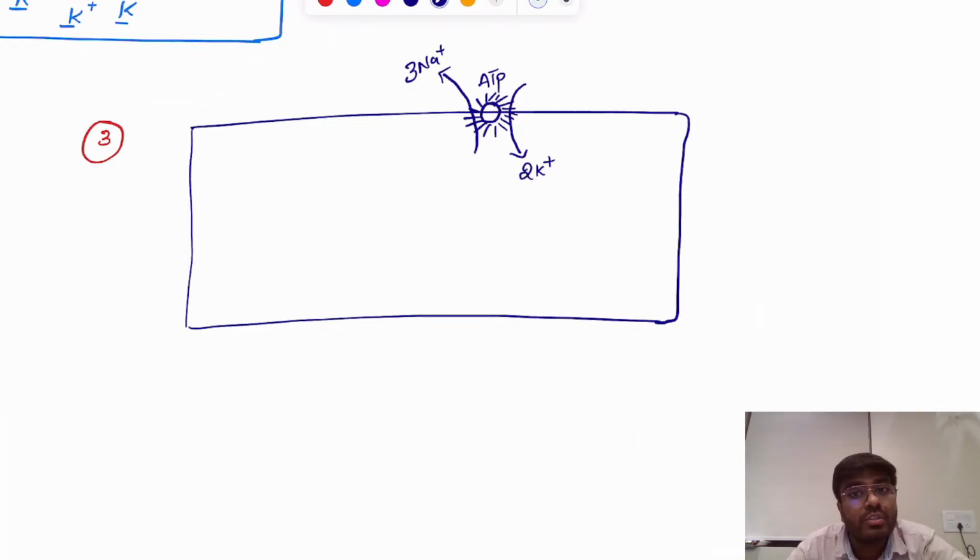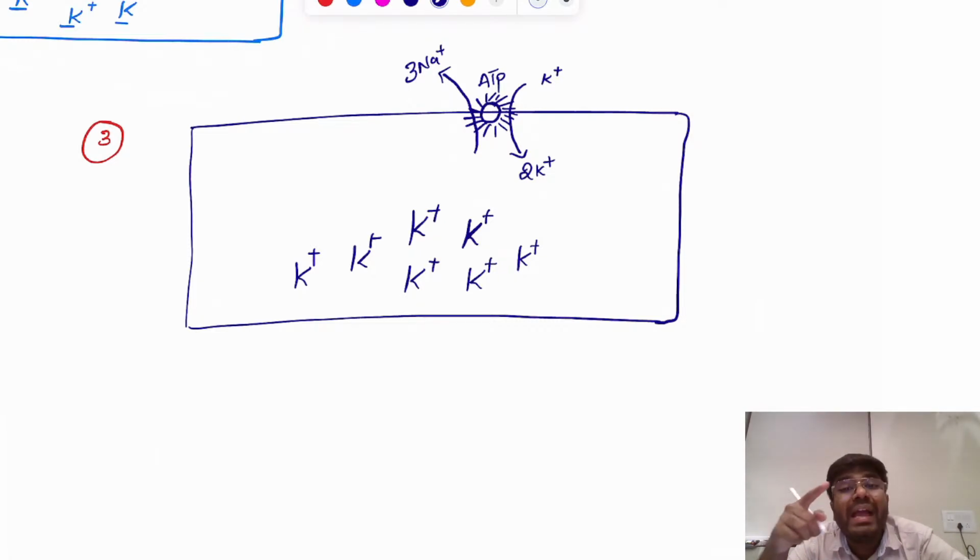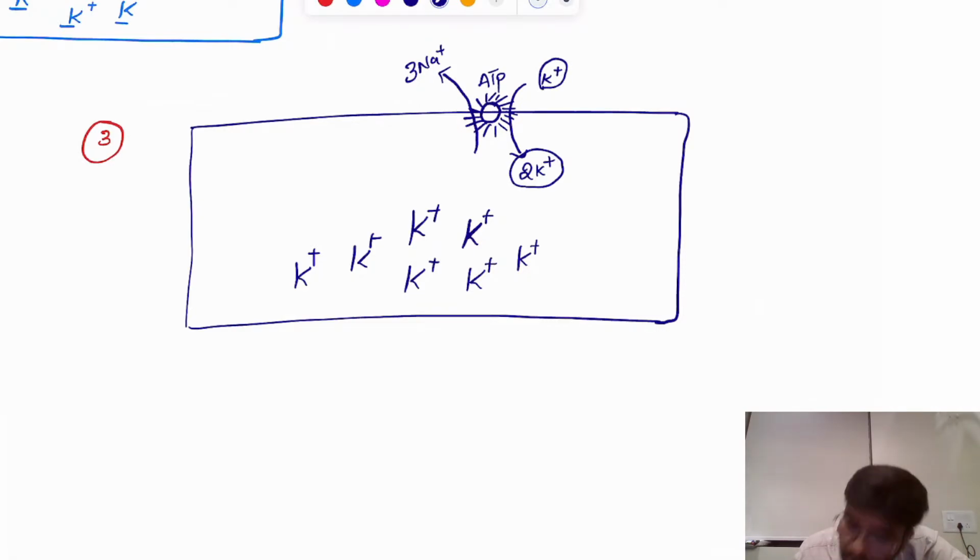Why is ATP being used? You already know that inside the cell there is a lot of potassium, and outside the cell there is less potassium. Potassium is moving against the concentration gradient, from less concentration outside to high concentration inside.